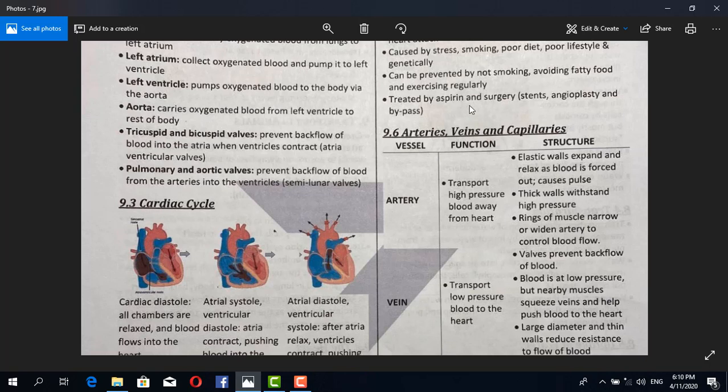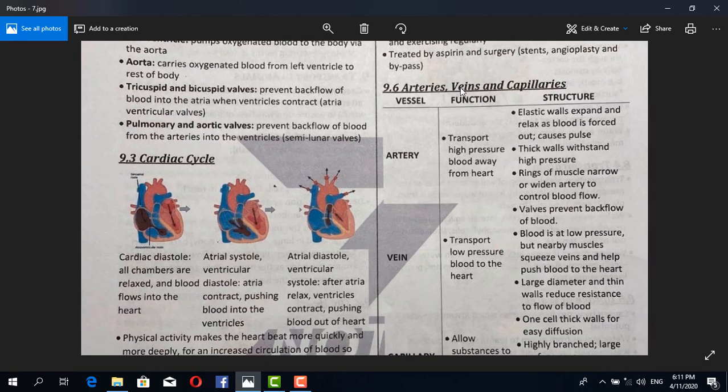I can use procedures, some of them mentioned here, like stents, angioplasty and bypass. Or I could go with a medical treatment, like giving them aspirin to make sure that there is no clotting of blood and blocking the vessel passing the blood.